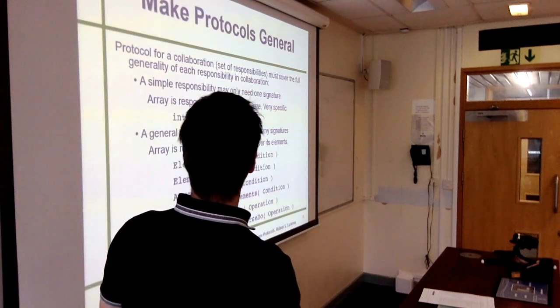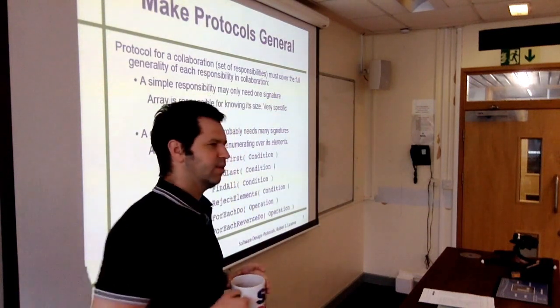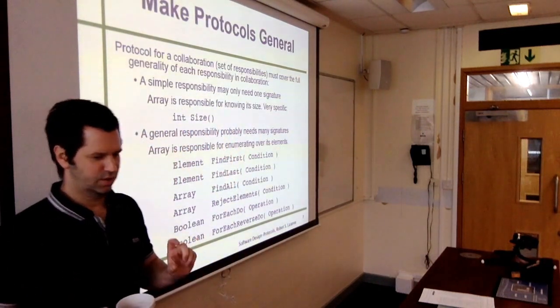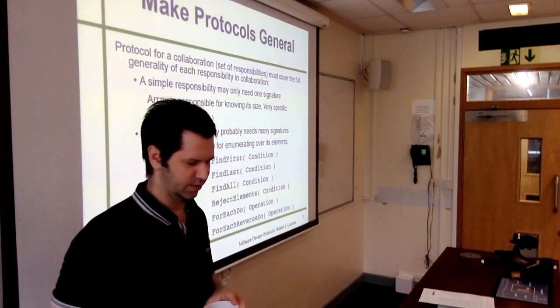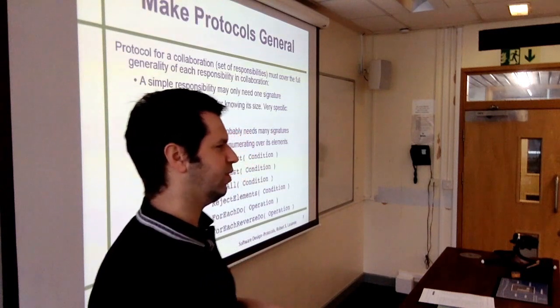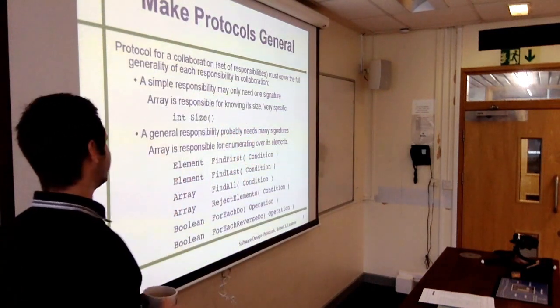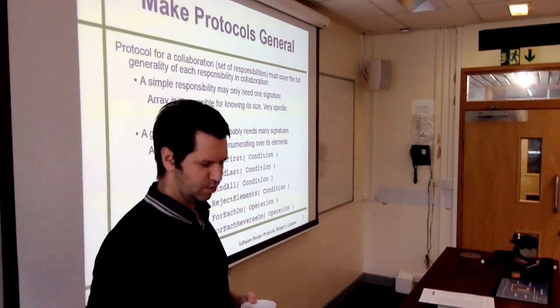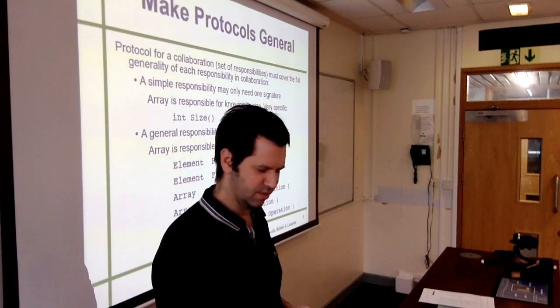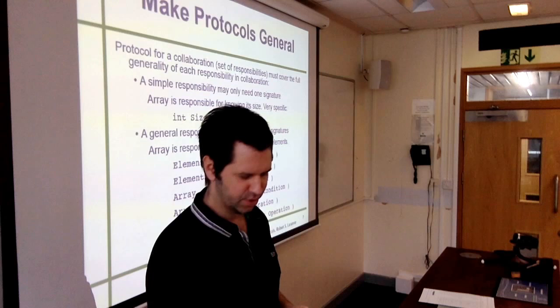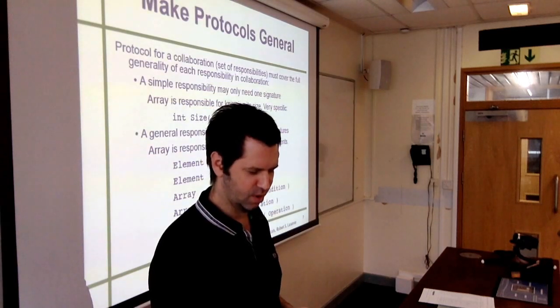A more general responsibility might need several different variants of a protocol, or several different variants of a signature, and you see this in Java a lot. So, for example, enumerating over a set of elements in an array. We could have a find first method, or a find last method, or a find all, and so on.